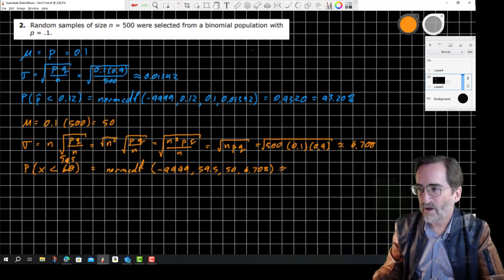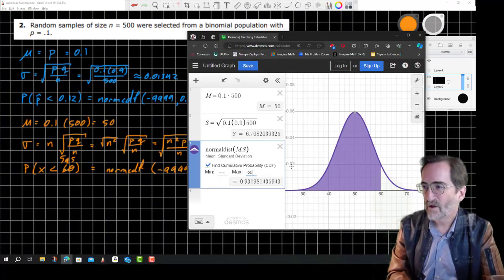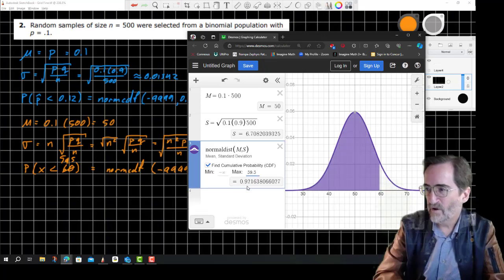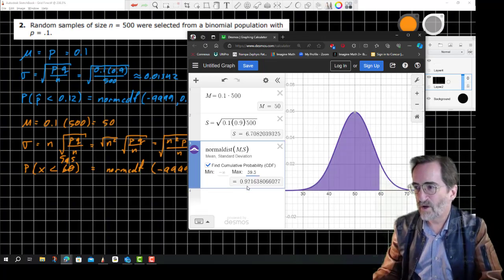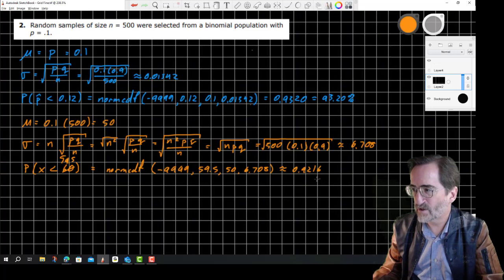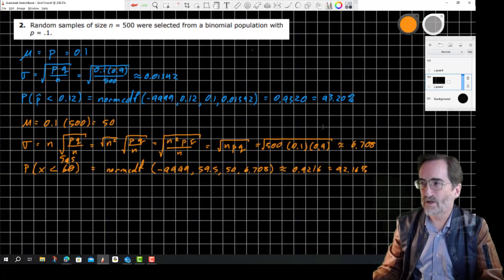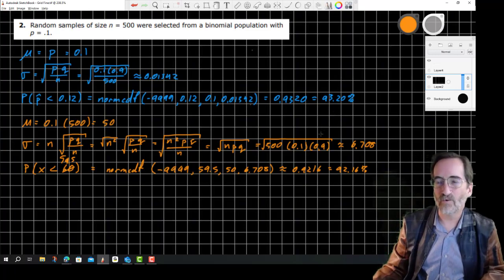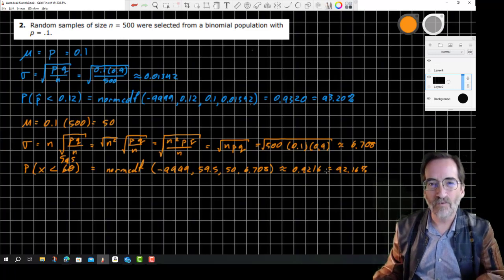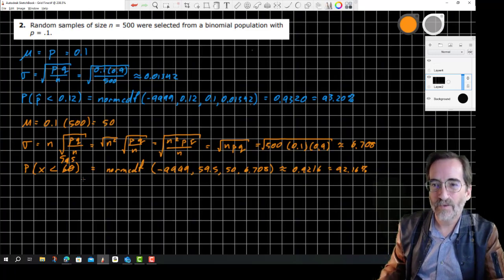Okay, and that's approximately 0.9216, or 92.16%. So it's a little bit less than without the correction, right? Hopefully more closely representing the actual value, right?